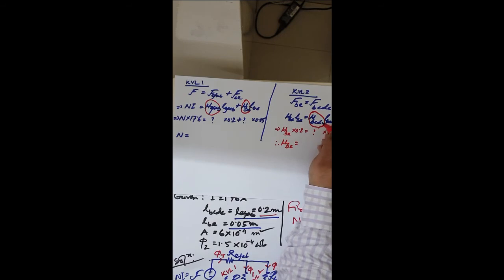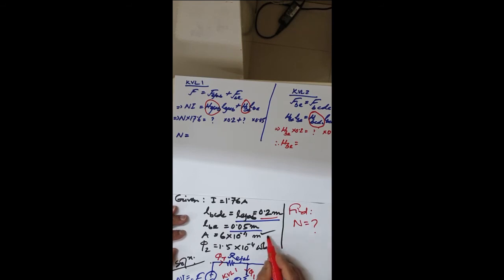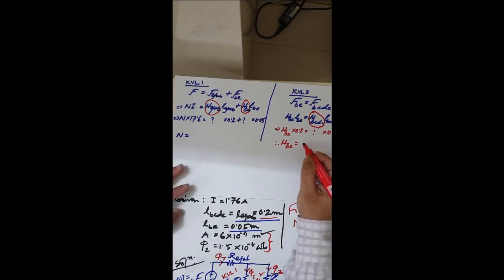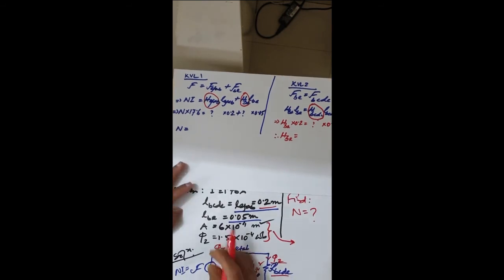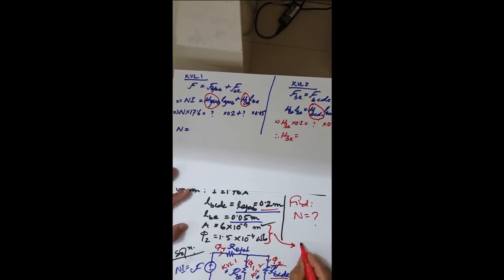Now H_BCDE, to find it, we have to go to these two things, because it is coming from phi 2. So H_BCDE comes from here, which comes from phi 2, but phi 2 is equal to what? B2 is equal to phi 2 by A. A is the same throughout.